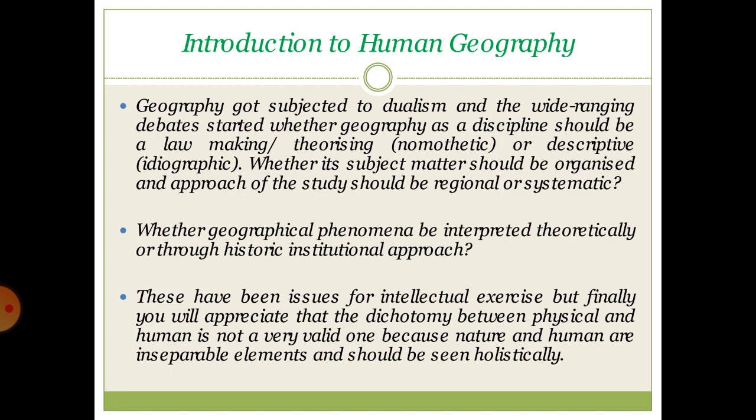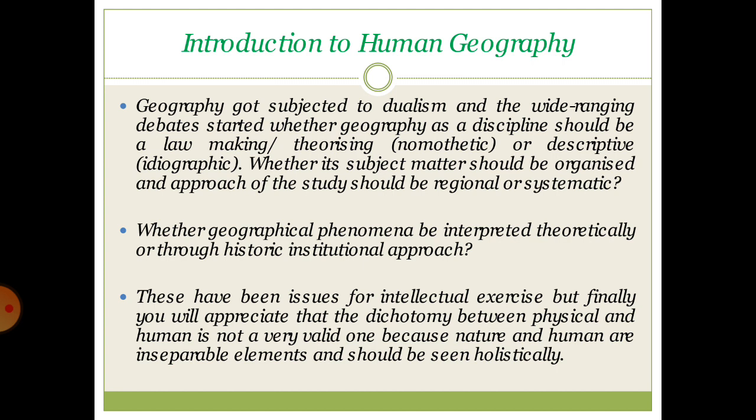Now, geography is a subject which got subjected to dualism. It plays a dual role, and there is a wide ranging debate about this dual role of geography. There are many scholars who consider geography a law making or theorizing subject, and many who think of geography as a descriptive subject.